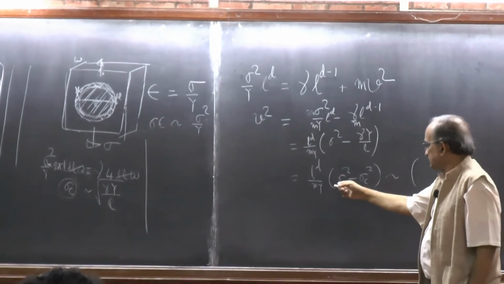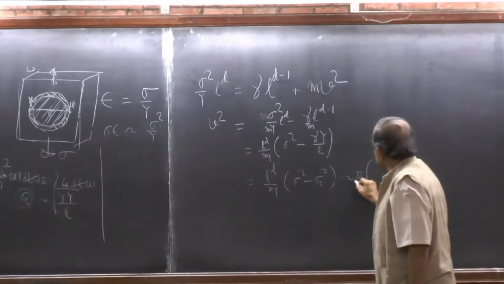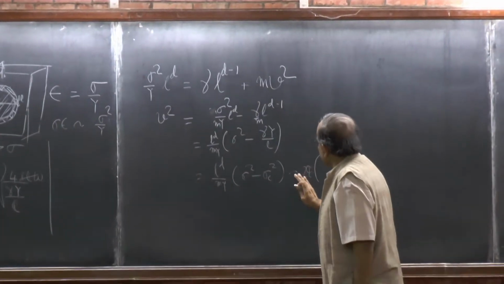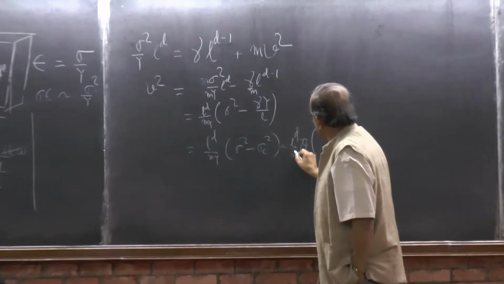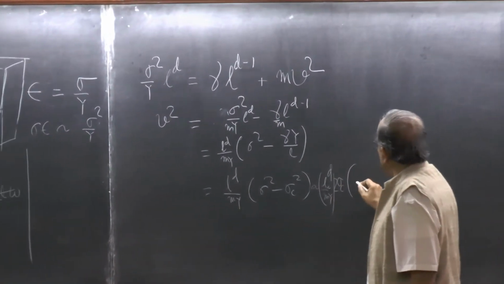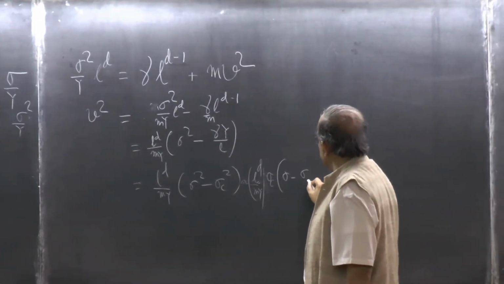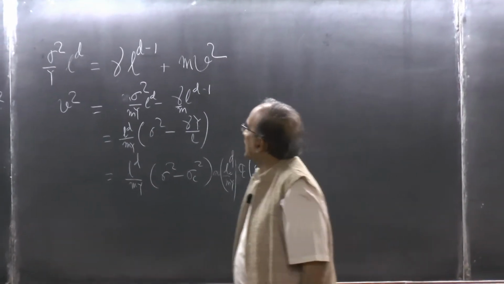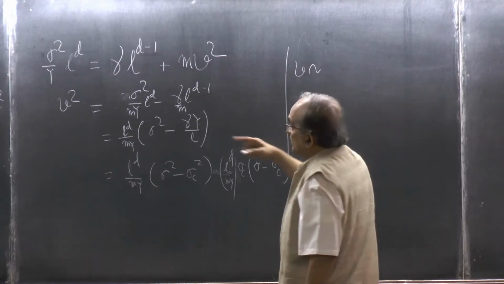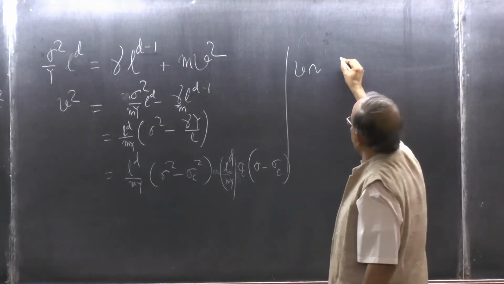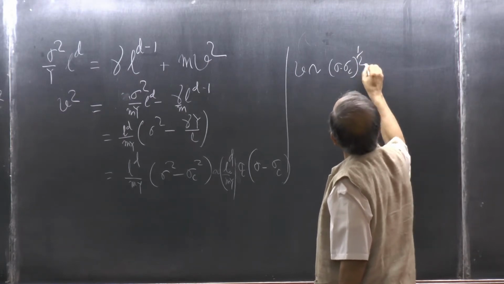Now sigma plus sigma c, suppose your sigma is very close to this, so it is actually around 2 sigma c into this factor is there, and into sigma c into sigma minus sigma c, and that says that V, crack tip velocity, goes as sigma minus sigma c to the power half.